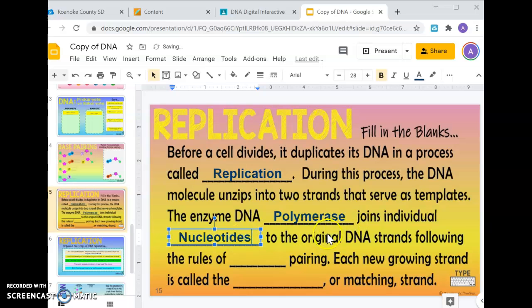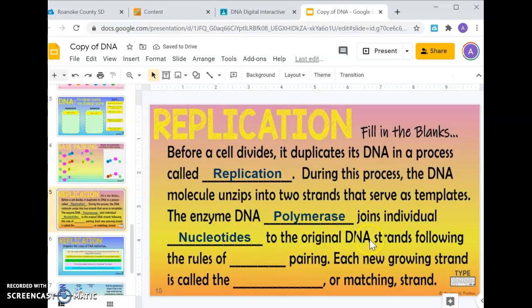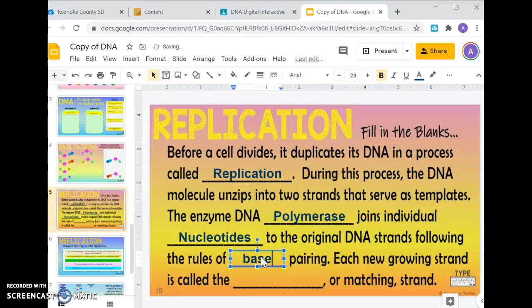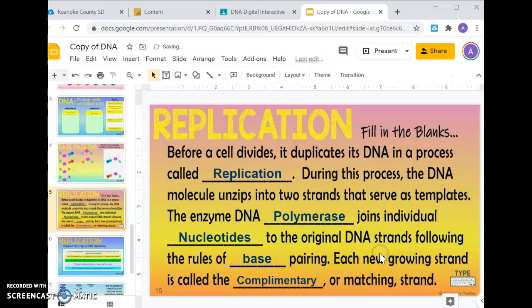Okay. Joins individual nucleotides to the original DNA strand following the rules of base pairing. Each new growing strand is called a complementary or matching strand. So we have complementary bases.